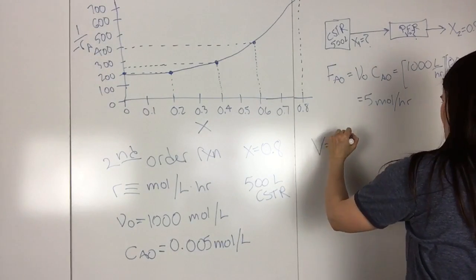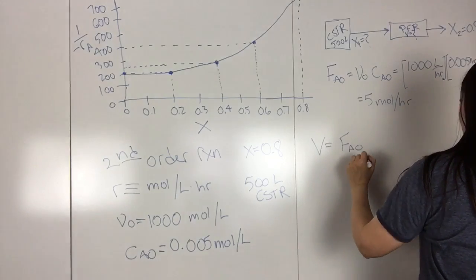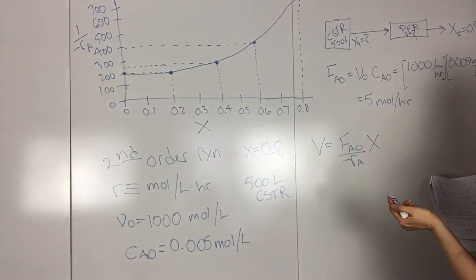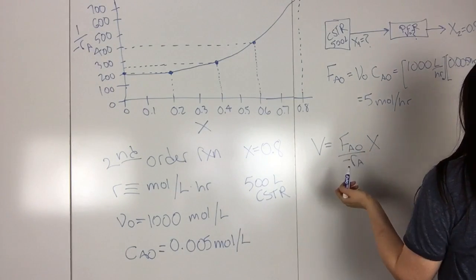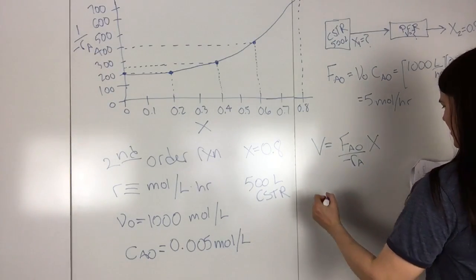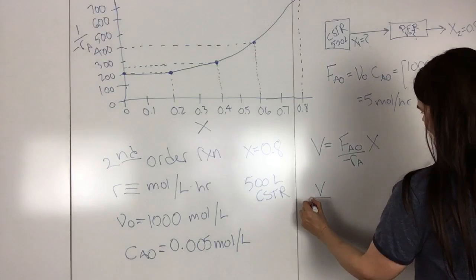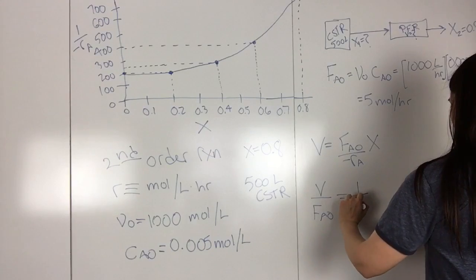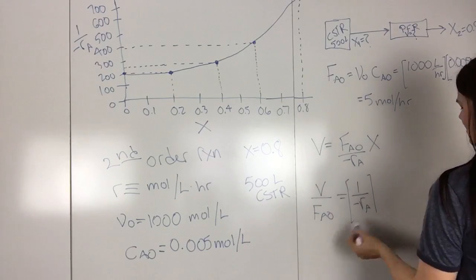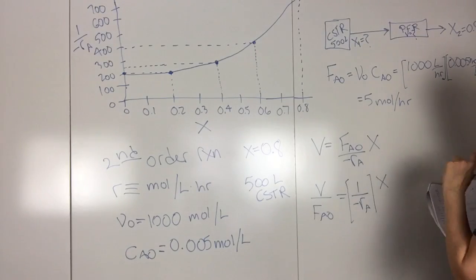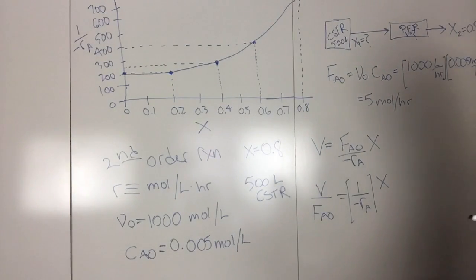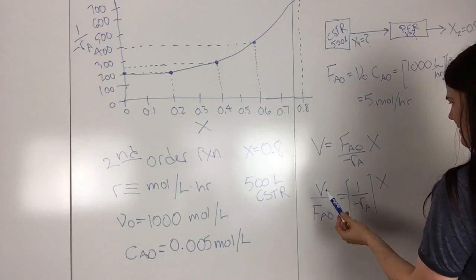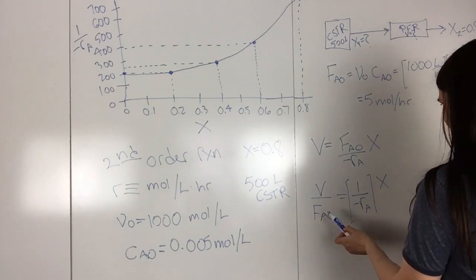And then if we look at the design equation for a CSTR, we get this equation: the volume is FA naught over minus RA multiplied by X. If we rearrange this equation a little bit and divide by FA naught, we get V over FA naught equals 1 over the rate multiplied by X. So if we look at this equation, we know everything for V. We know the volume and the molar flow rate, so we can calculate this.